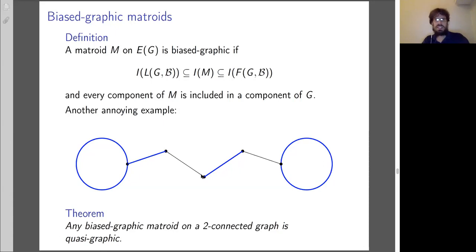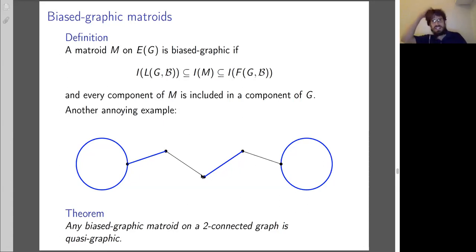In particular, any 3-connected biased graphic matroid is necessarily going to be quasi-graphic. And then you might have some less connected ones, but they could maybe be built up with some kind of 2-sums, you could hope.